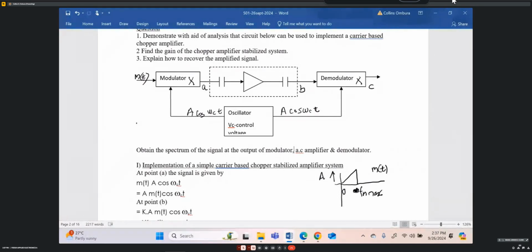So this signal has a spectrum from 0 hertz. This axis now will be in hertz.